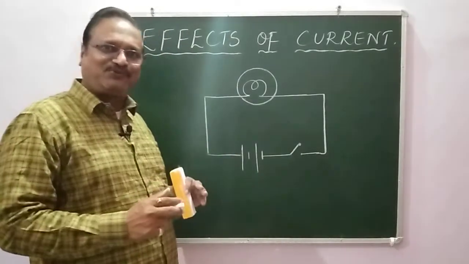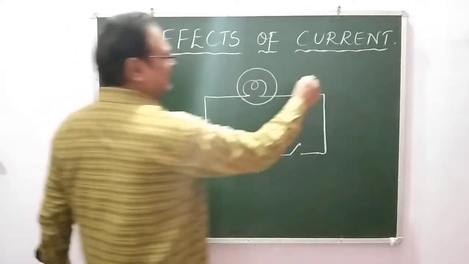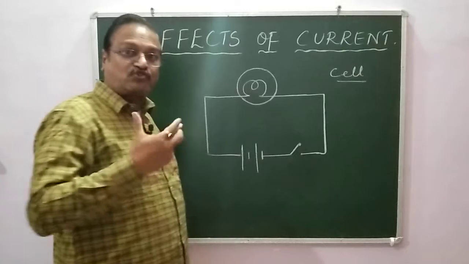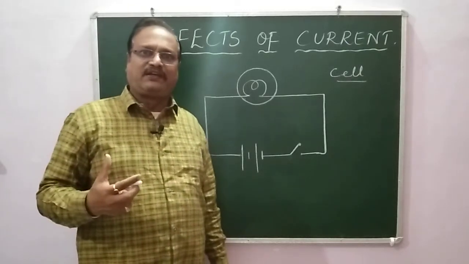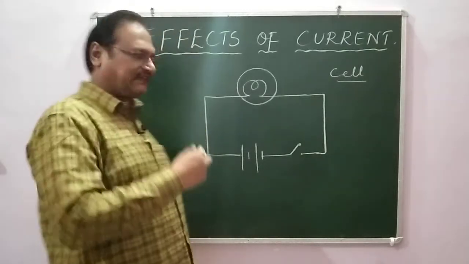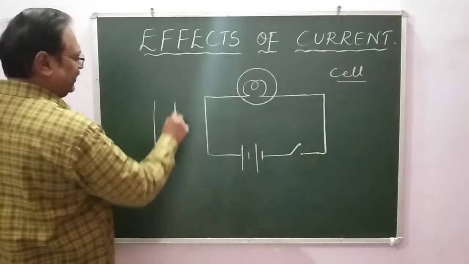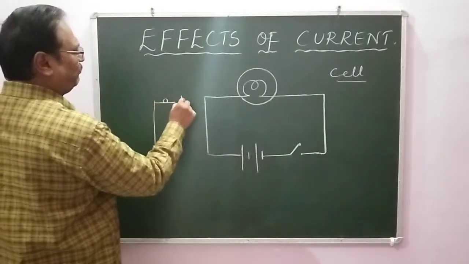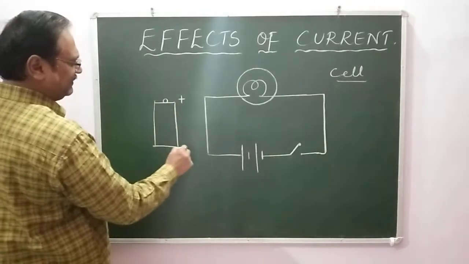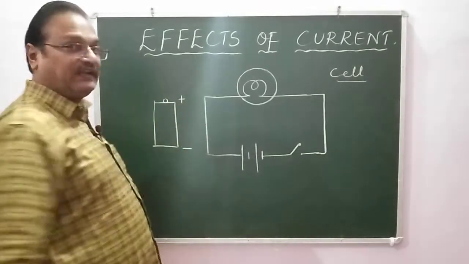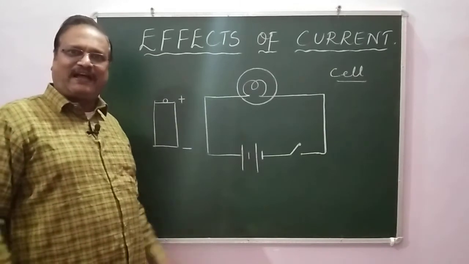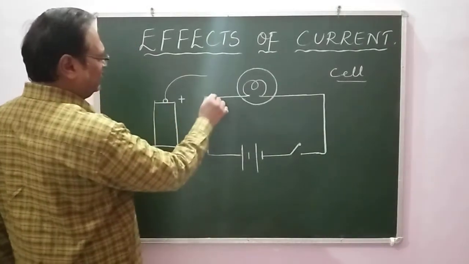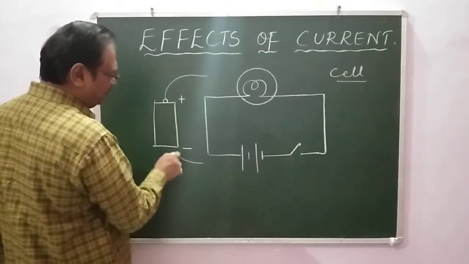Now, I told you a cell. What is a cell? An electric cell is a source of electricity. And I told you again that in a cell there is a terminal called the positive terminal, and another terminal called the negative terminal. Electricity flows from positive and again comes back to negative.